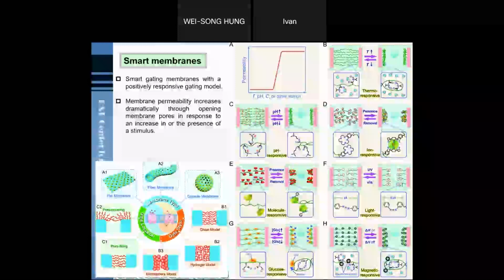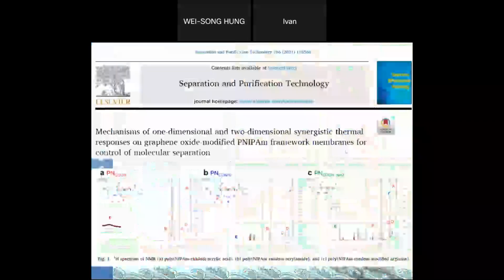Facing the challenge of environmental pollution, membranes must be upgraded to be smart and more responsive. By controlling the chemical structure, we can prepare many kinds of responsive membranes: thermal, pH, ion, light, glucose, molecular, and magnetic responses.